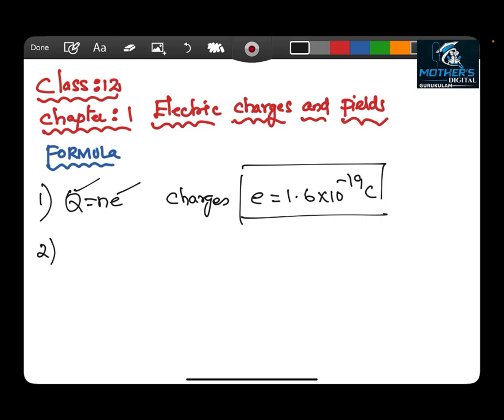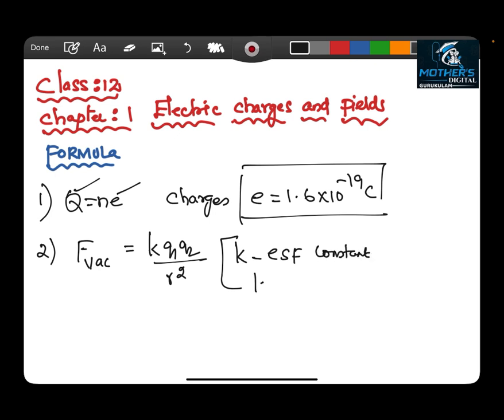The second one, force experienced by two charges when they are placed in vacuum. So F vacuum equal to K Q1 Q2 by R square. Again Q1 Q2 represent the charges. K represents the electrostatic force constant whose value is 9 into 10 power 9 Newton meter square C power minus 2 per coulomb square.